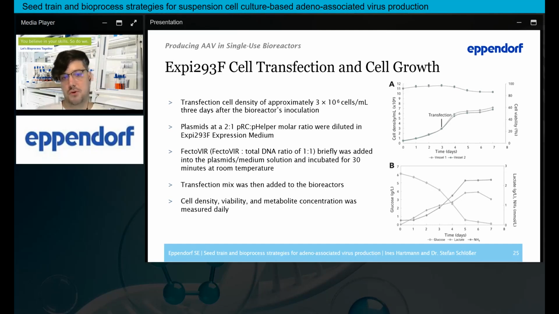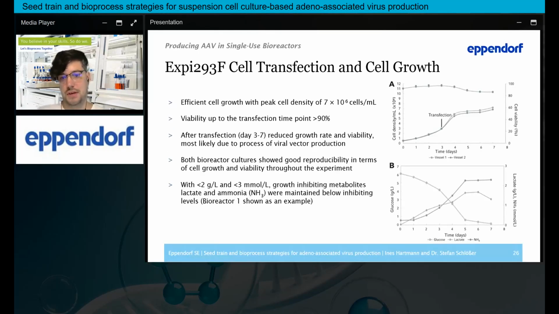So every day before and every day after the transfection, cell samples were taken and cell density, viability, and the metabolite concentrations were measured. So let's have a look at the results of this. What we can see is that we had efficient cell growth with a peak cell density of 7 million cells per milliliter on the last day.